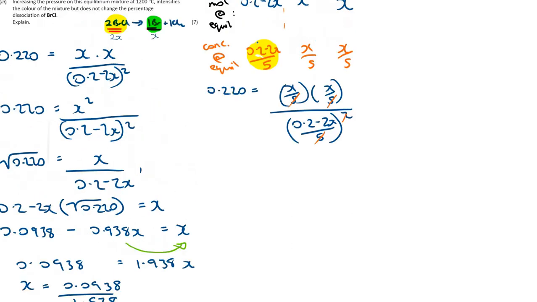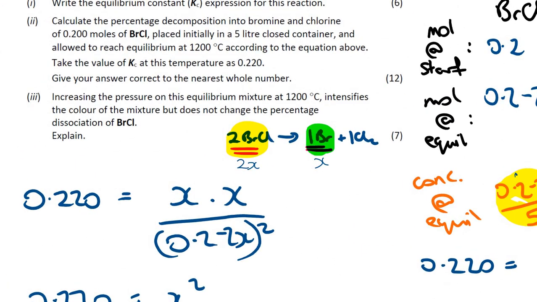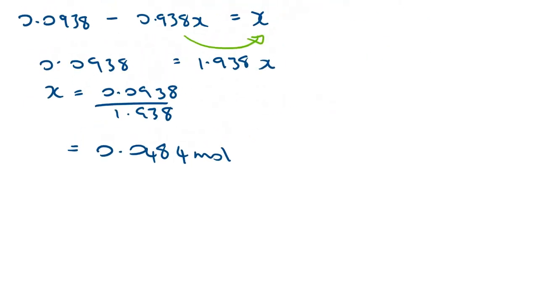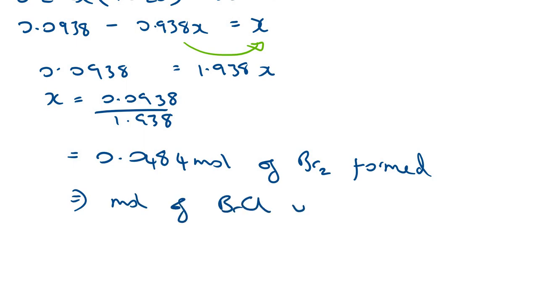Now I think we were asked to work out the percentage decomposition into bromine. Okay, so percentage decomposition, if that's the number of moles of Br2 formed, so therefore moles of BrCl used equals twice that, because it's 2x, which equals 0.0968.